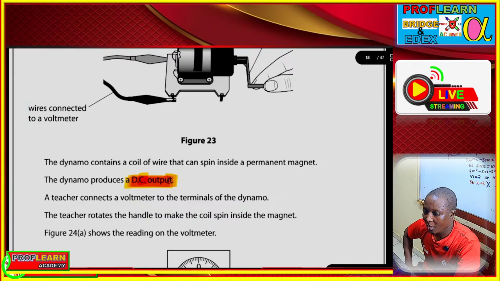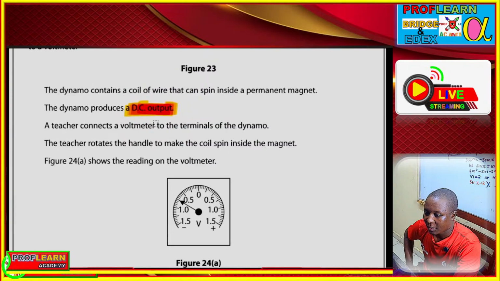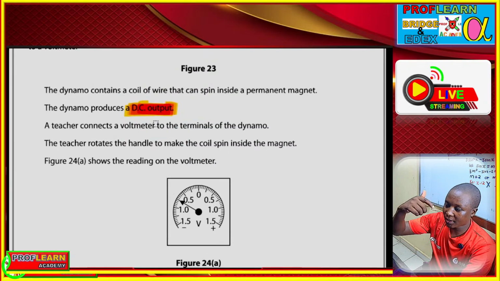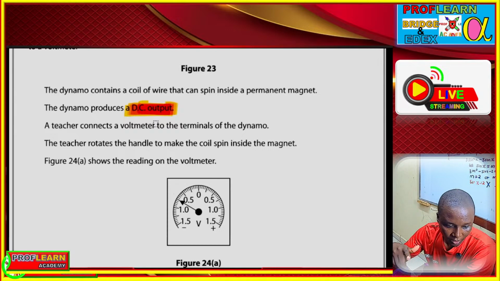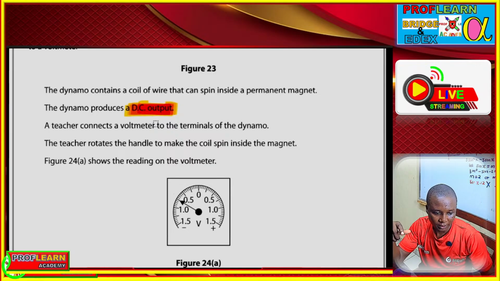So which means, look at this, when the teacher was rotating this, I want you to notice, as the teacher was rotating this, what happened?